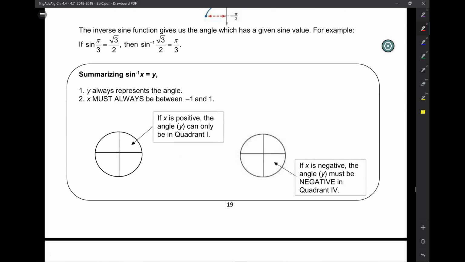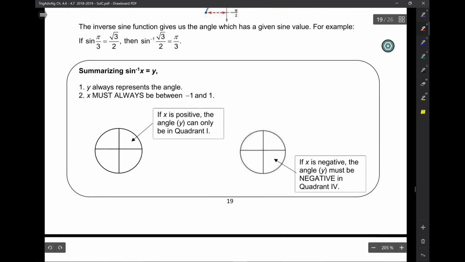Okay, let's summarize. This is what the question looks like. I give you this. You are given this. You answer this, the y.